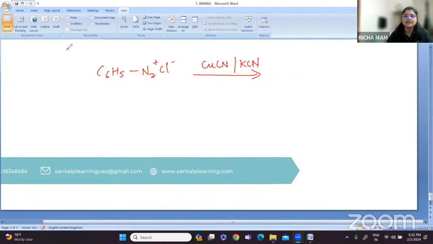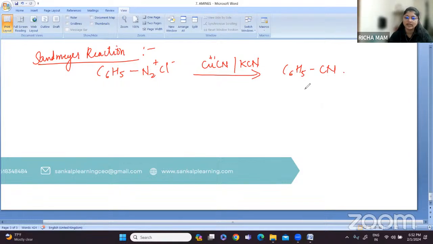See here, this is the Sandmeyer reaction. The Sandmeyer reaction is when benzene diazonium chloride reacts with cuprous cyanide, where copper is in the +1 state, or in the presence of potassium cyanide. It forms cyanobenzene with release of nitrogen gas, and this is known as the Sandmeyer reaction.